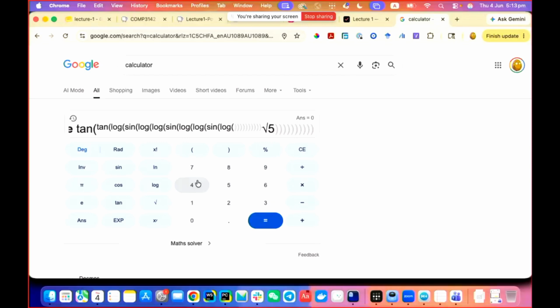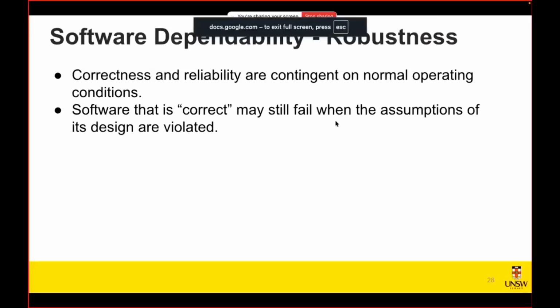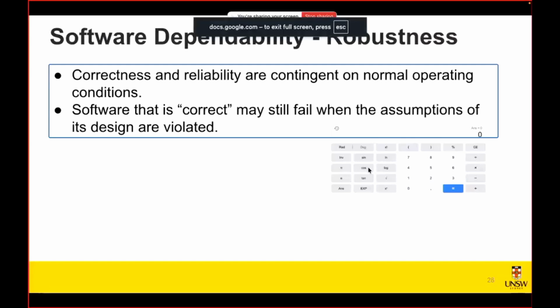So you can see that this calculator is considered robust. Why? Because it actually converts my random keystroke into something that it can parse. So it's not crashing, it's actually gracefully handling the failures, right? It's gracefully handling the random inputs or the corner cases.